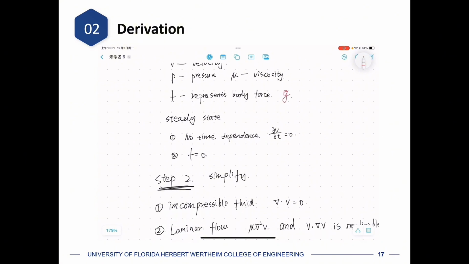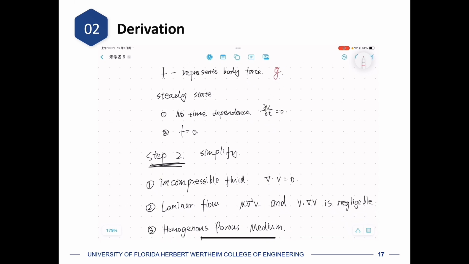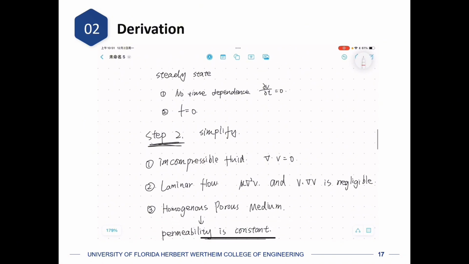Then, for a steady state flow in a porous media, we first assume there is no time dependence, so we get dv/dt equals 0, and the flow is driven by a pressure difference, and the body force like gravity can be dropped, so we get F equals 0.